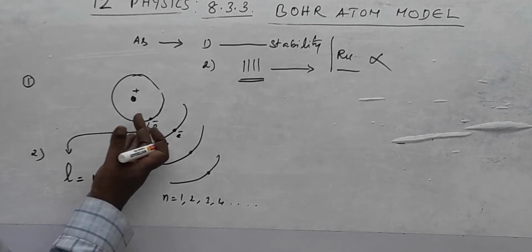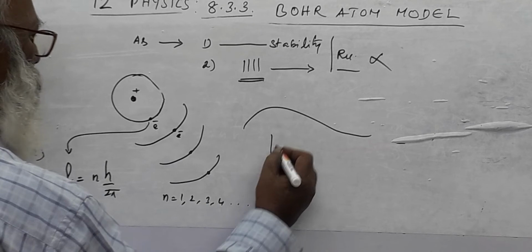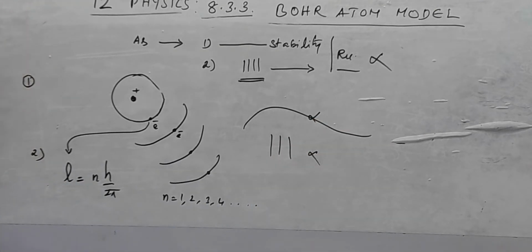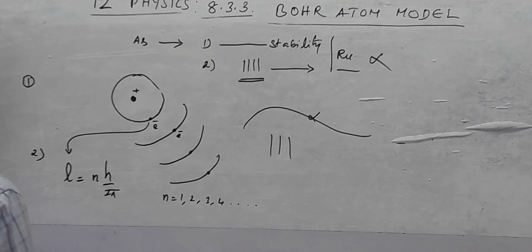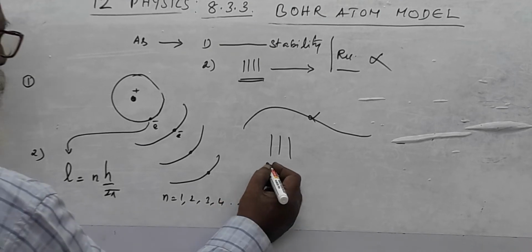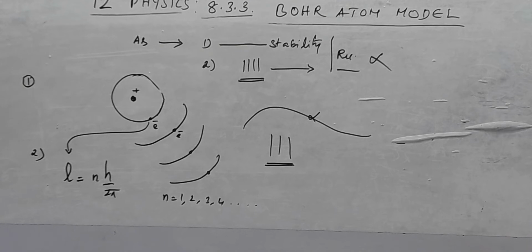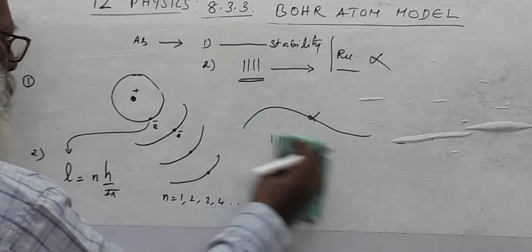If there is no emission of radiation, there is no continuous spectrum or line spectrum, both of which are not possible to get if there is no radiation from an electron. But here we are obtaining line spectra. Why did it happen? What is the reason? That's what we are going to see. Very important concept to explain this line spectra.